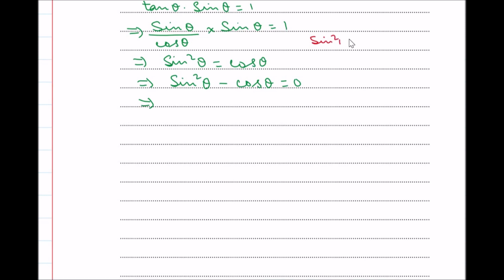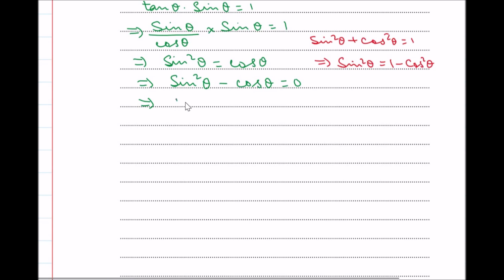square theta plus cos square theta is equal to 1, and this gives us sin square theta equal to 1 minus cos square theta. So we will substitute there.